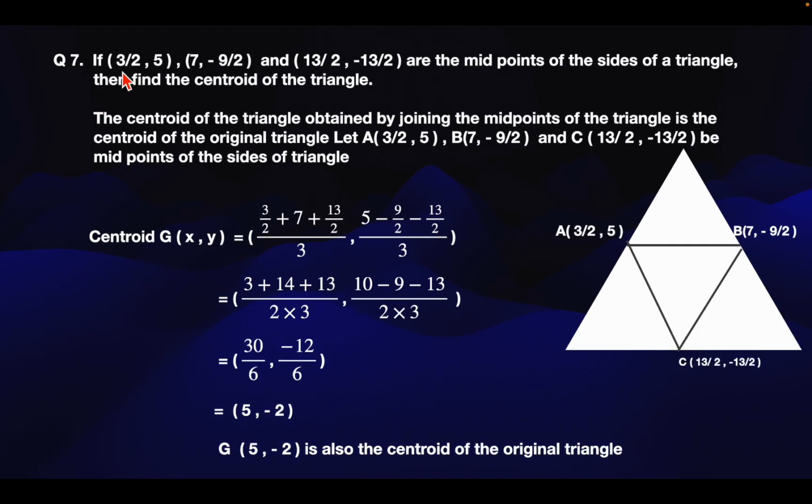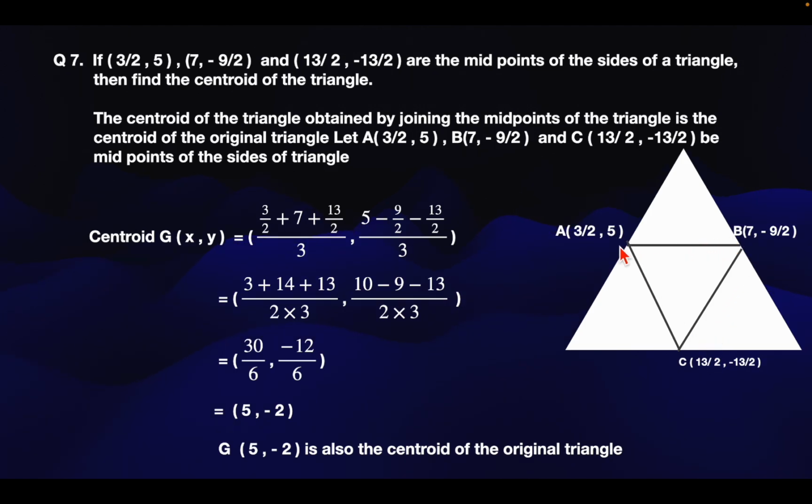Question 7. If these 3 points are the midpoints of the sides of a triangle, then find the centroid of the triangle. The centroid of the triangle obtained by joining the midpoints is the centroid of the original triangle. What it means is that the centroid of this big triangle will be the same as the centroid of the triangle which is formed by joining the midpoints.